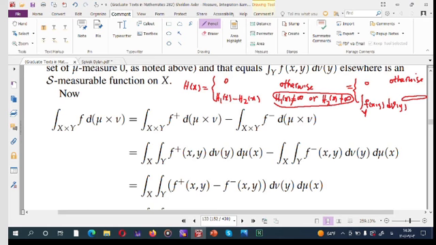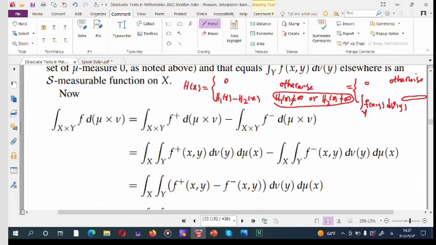By our definition of integrals, for an arbitrary function f, the integral of f equals the subtraction of the integral of f plus and the integral of f minus, by this condition that these two integrals are not infinity at the same time.